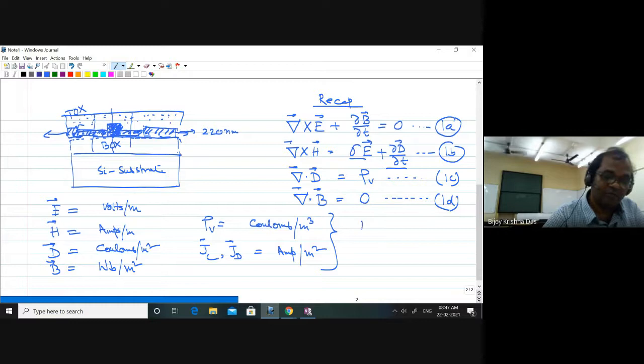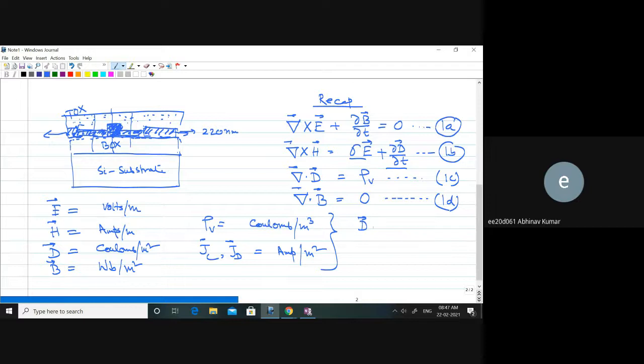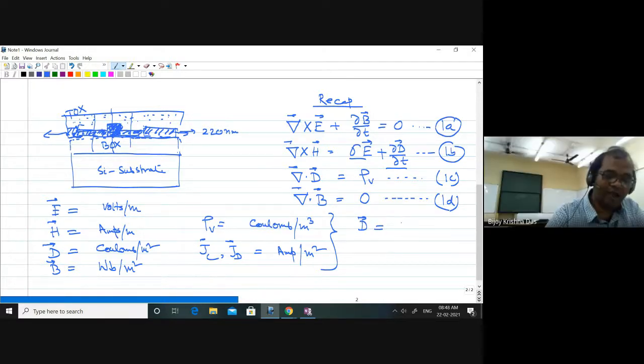For example, D. Normally, D is the definition of a displacement vector. It is useful when you are using a material medium. If it is free space, it has no use as such. You don't need to use that. But if it is a material medium, just to differentiate one material from another, we use this D.